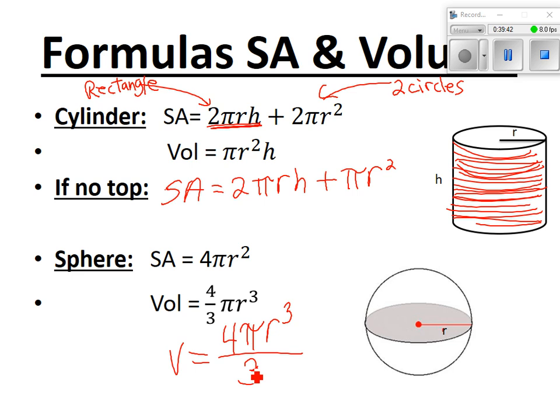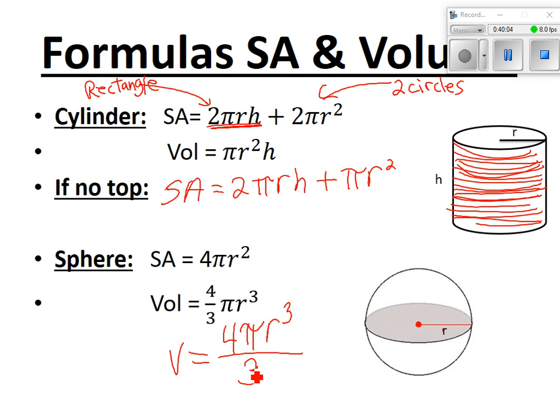I'm telling you to write that down because you were off in your own little world again. When you do that formula, you multiply 4 times pi times radius to the 3rd power, and then take that answer and divide it by 3. And that makes it a little easier.